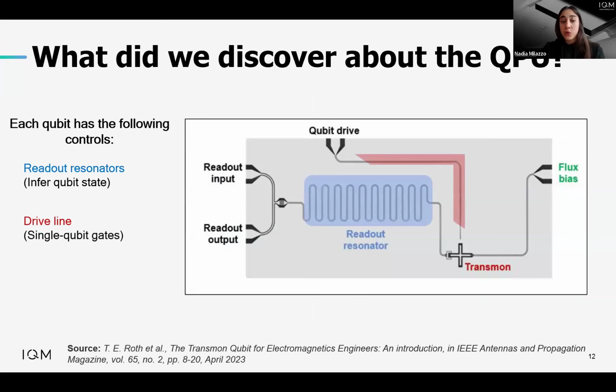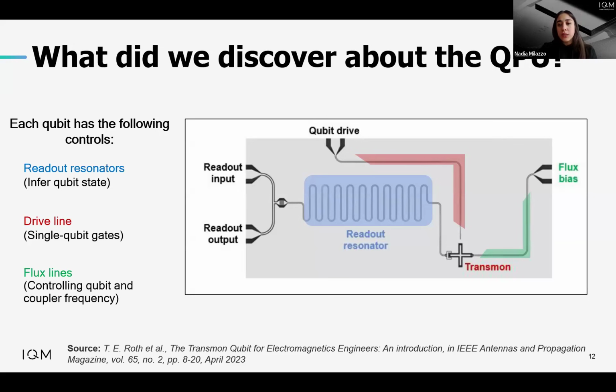Then there are the drive lines, and in particular, we will see how they are used to perform single qubit gates on the qubits. And then there are the flux lines, and these are to control the qubit, but also the coupler frequencies.